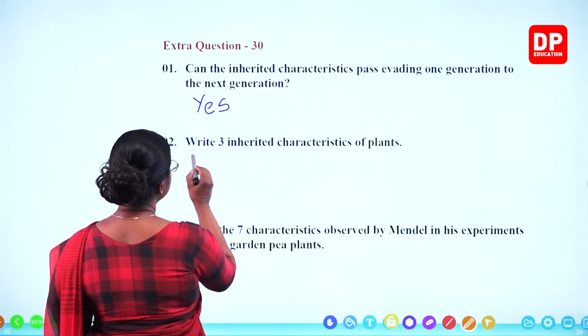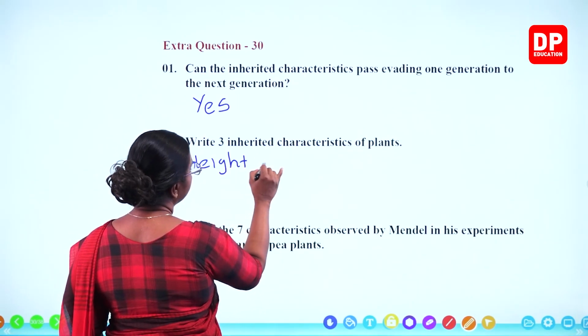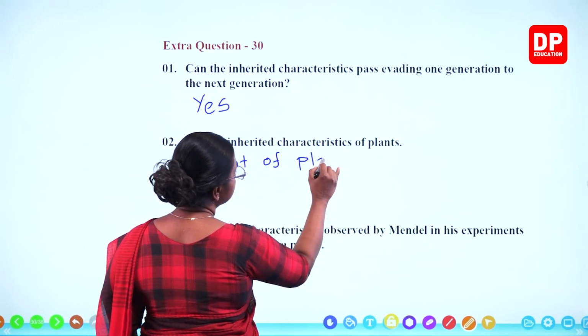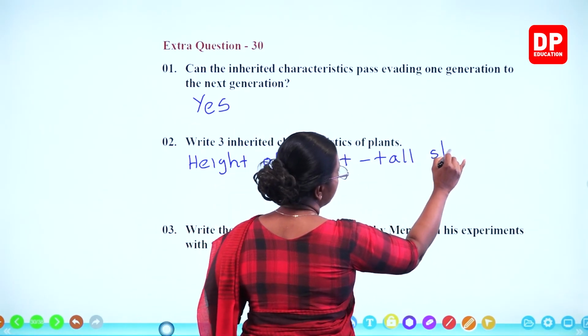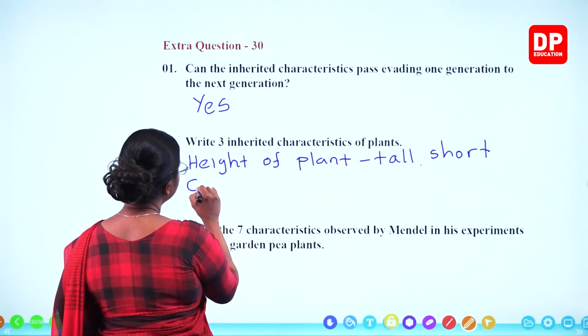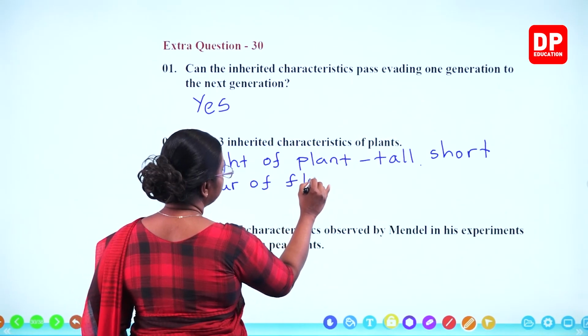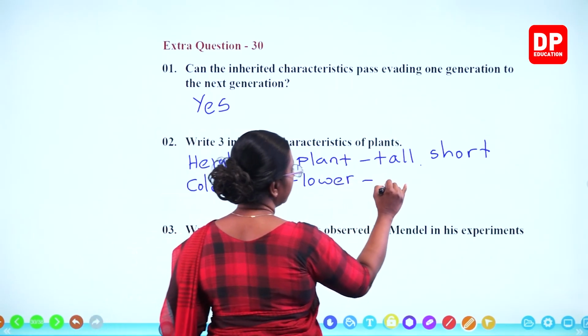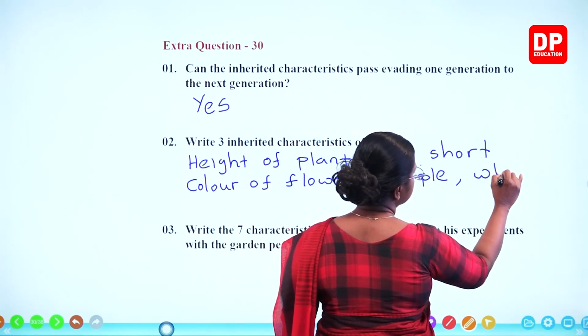So here we can say height of plant: tall, short. Then color of flower: let's say purple, white.